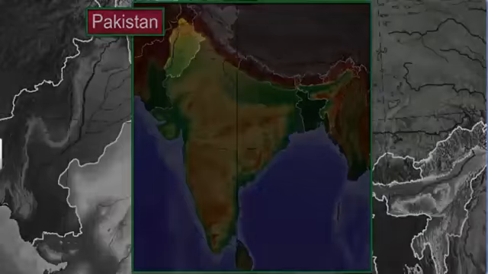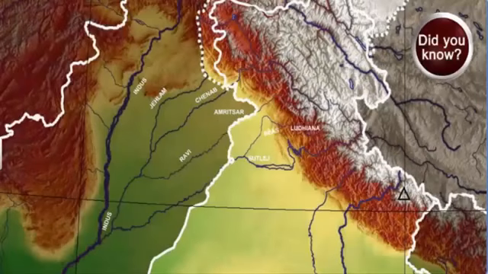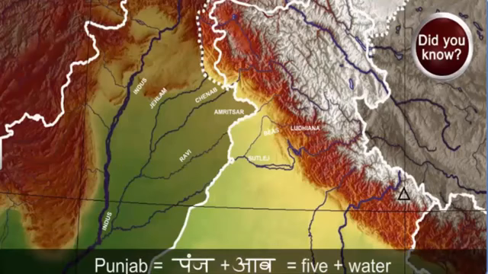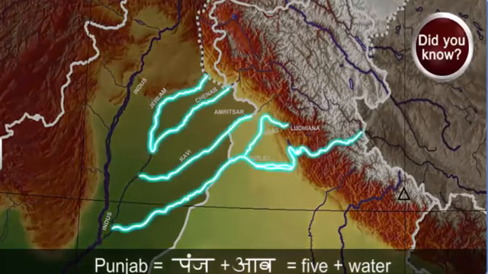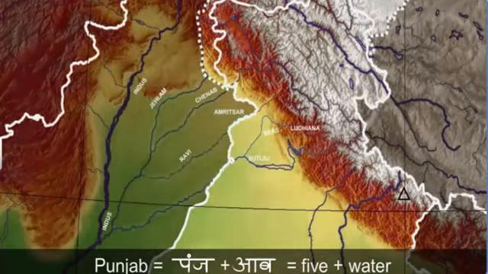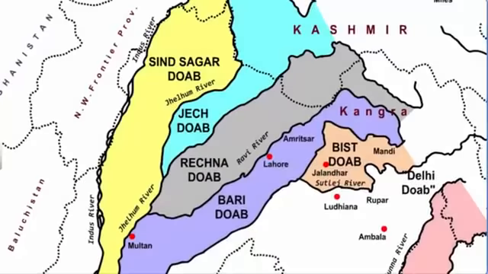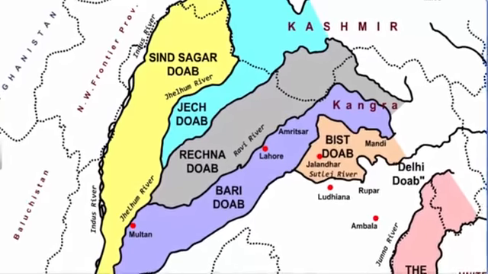Did you know? The name Punjab is made of two words, Panj and Ab. Panj means 5 and Ab means water. As you can see, the name Punjab is based on the 5 rivers that drain the state. In fact, this section of the northern plain is dominated by doabs.